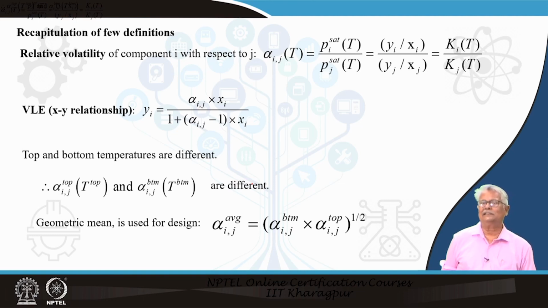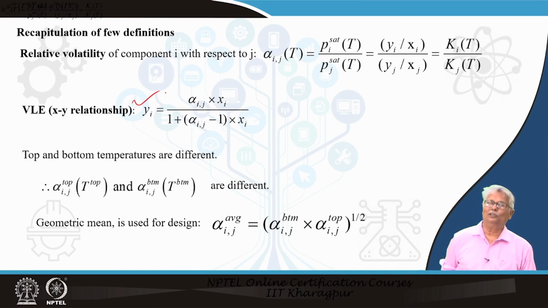The vapor-liquid x-y relationship is also given by y_i equals alpha x divided by 1 plus x into (alpha minus 1). Perfect. So, if I know my alpha and my x values, the corresponding y values can be found out. This is regarding binary, mind it.